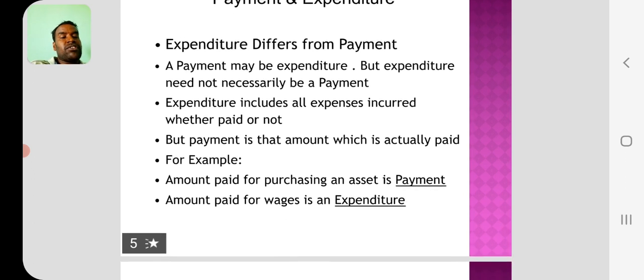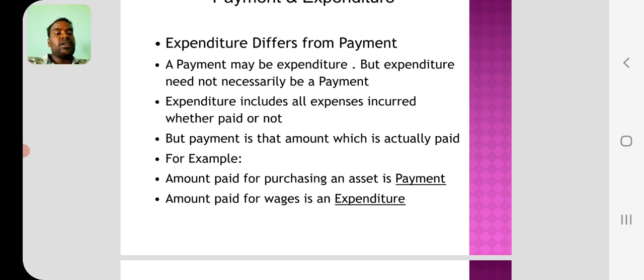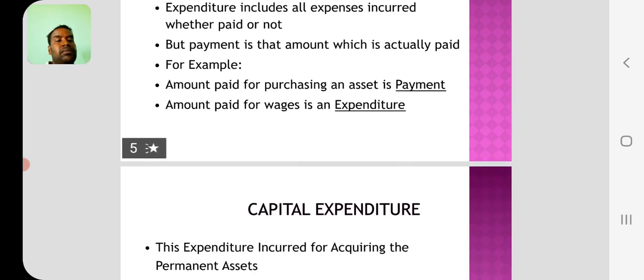Amount paid for purchasing an asset is a payment. Amount paid for wages is an expenditure.